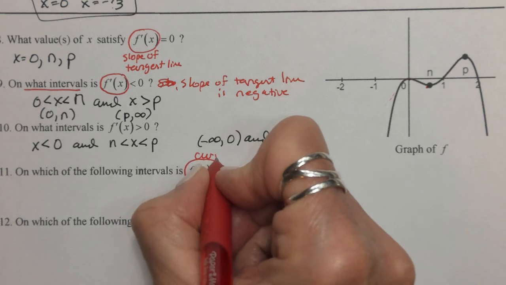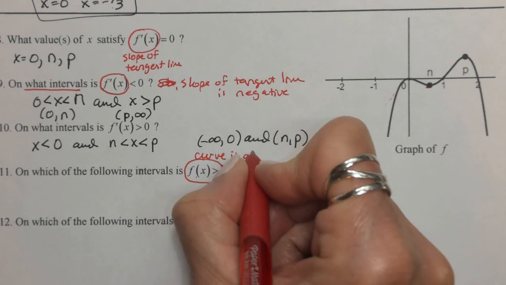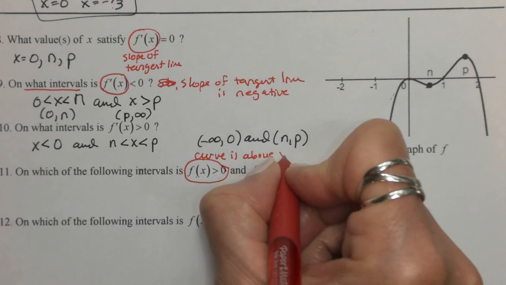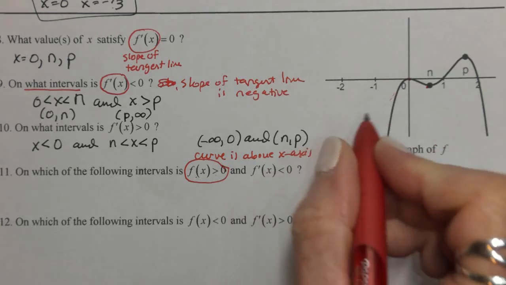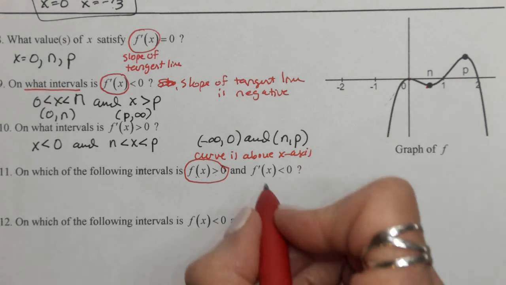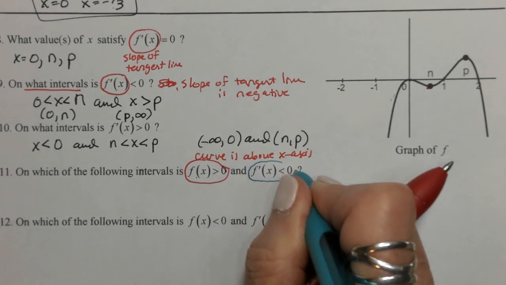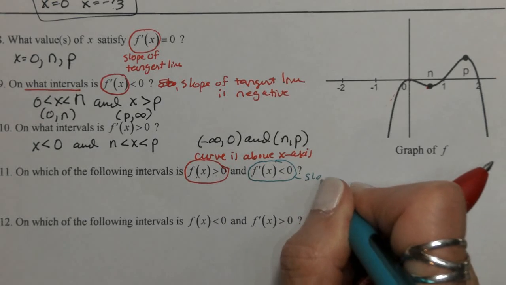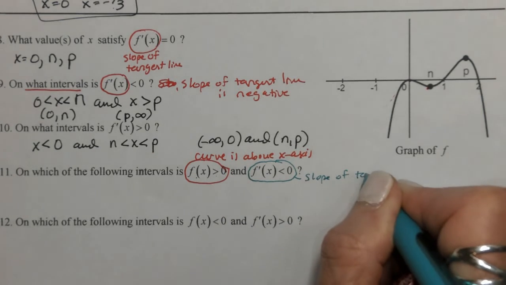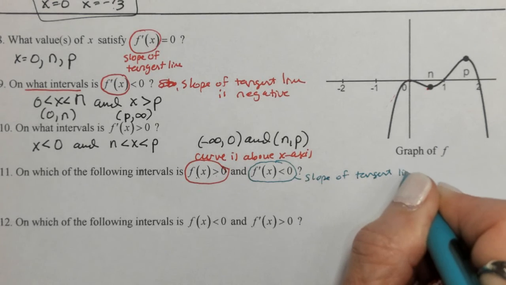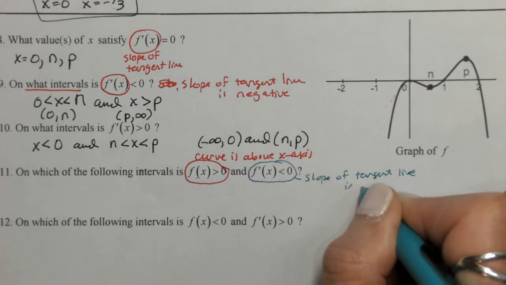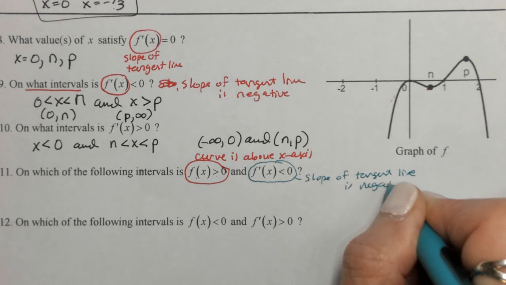I want to write that down. Curve is above the x-axis. Okay? F prime is less than 0 when the slope of the tangent line is negative.